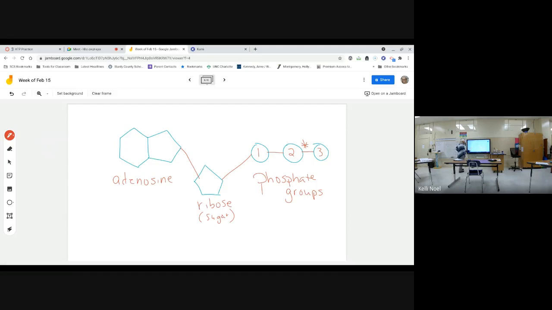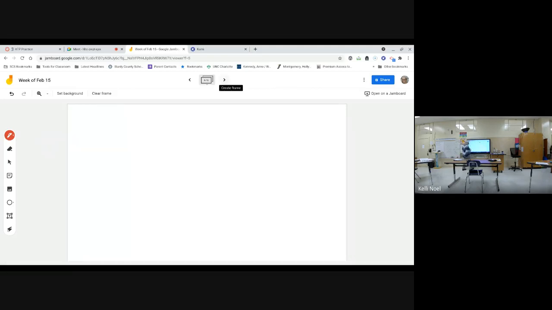So number 2, what happens when the 3rd phosphate is removed from the ATP? Wait, I have to look back at the notes. So when this bond is released, it's going to release the energy that was stored in the bond.